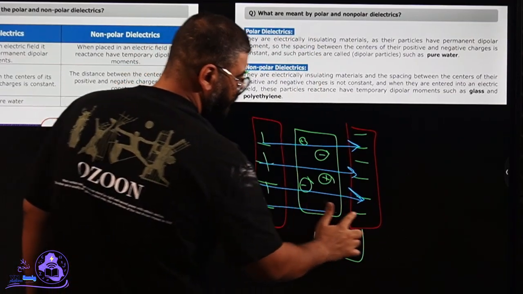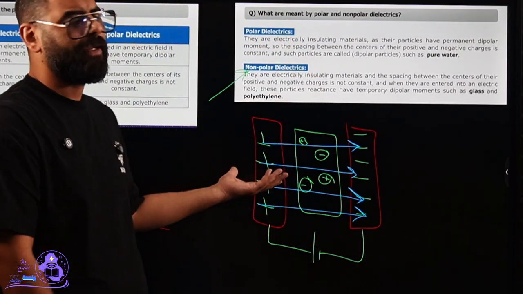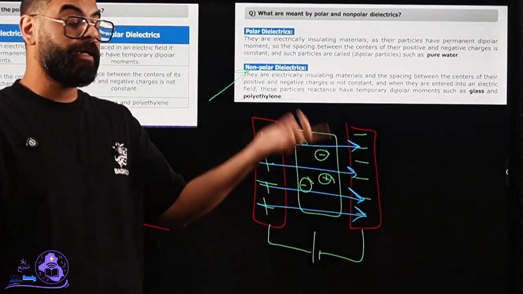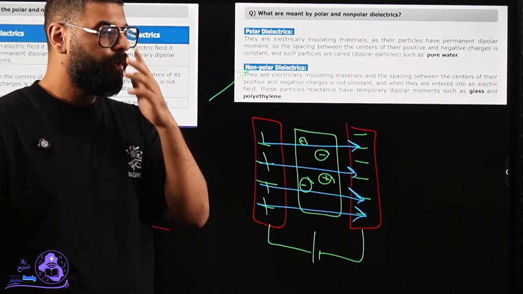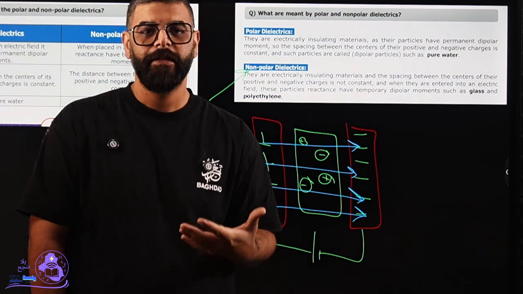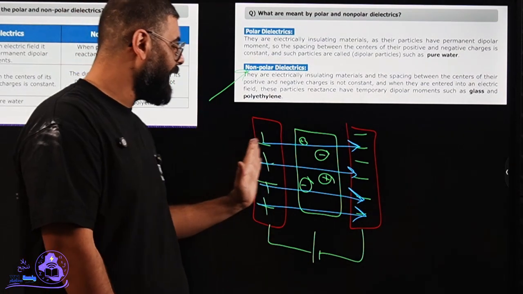That's how it is. And then, what is happening? Why are we bringing this example? Because this nonpolar dielectric will be affected and dominated by this electric field.